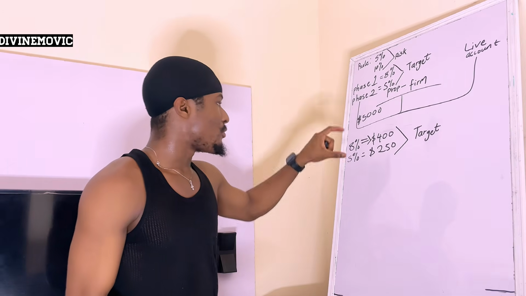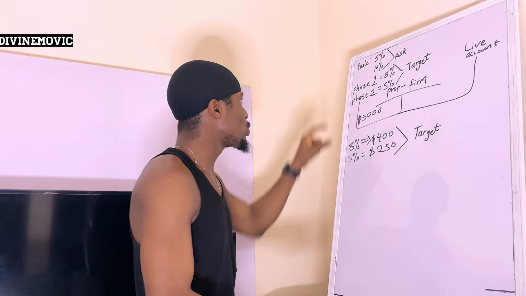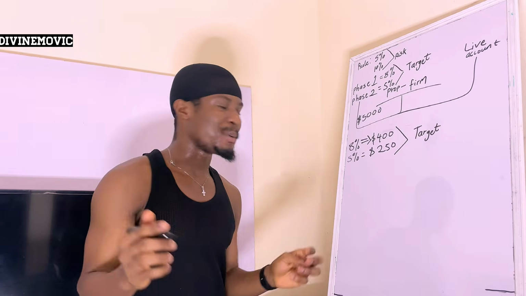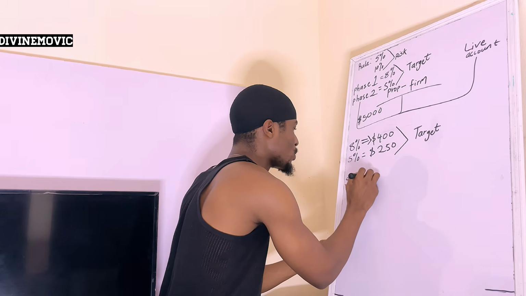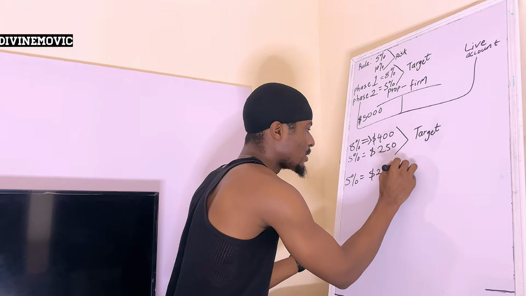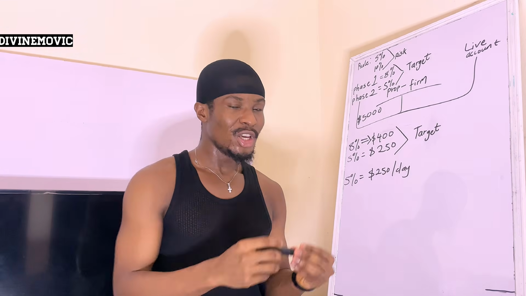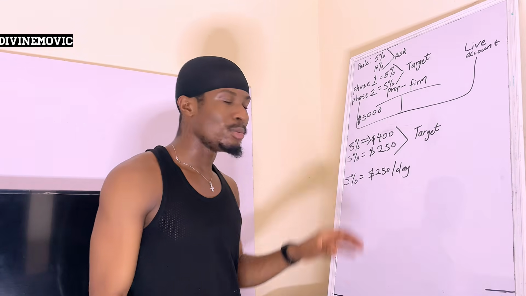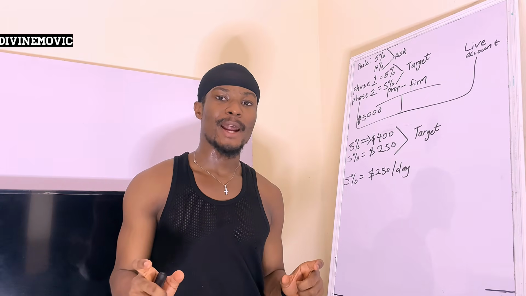And for you to achieve this target, you want to follow this rule here. And the rule says that you shouldn't lose 5% in a day. 5%, which is equivalent to what? $250 per day. That means any day you come to the market to trade, you should not lose up to $250 for that day, right?